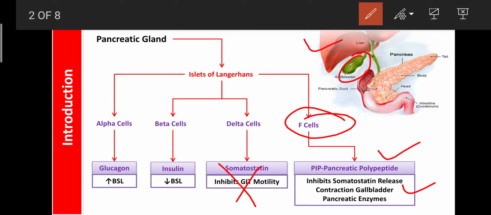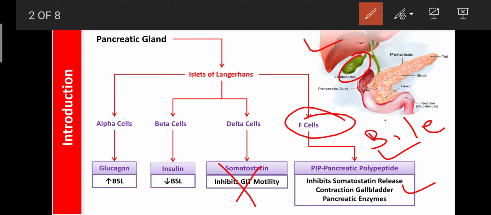Then the gallbladder releases the bile into the duodenum, and this bile plays an important role in the metabolism of fats or lipids in the small intestine. Without bile, whatever fat or lipids we consume are not digested or metabolized in the small intestine. That's why the pancreatic polypeptide is also involved in the regulation of lipid metabolism in the small intestine by enhancing the secretion of bile from the gallbladder.